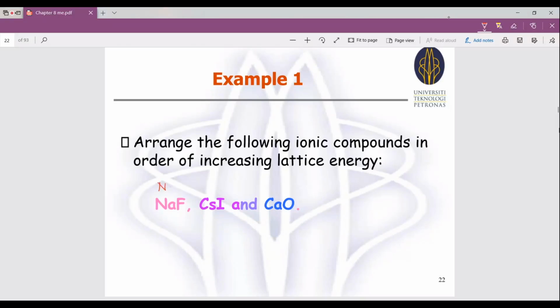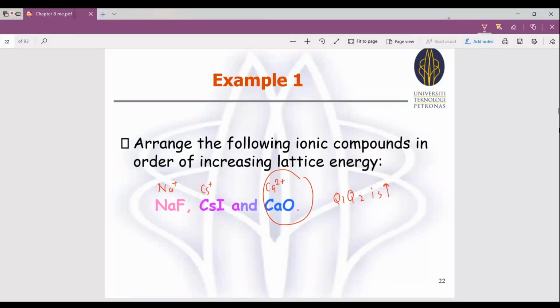Na plus, Cs plus, Ca2 plus. So for CaO, Q1 and Q2 are higher compared to Na plus and Cl minus, and Cs plus. So CaO is highest in lattice energy.